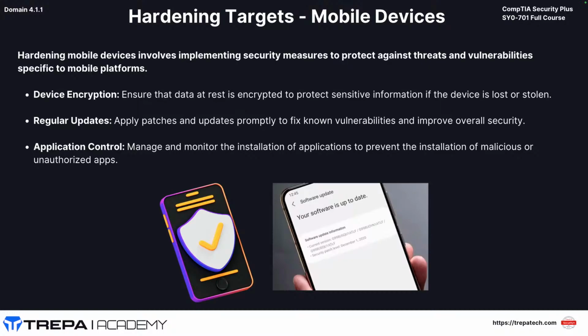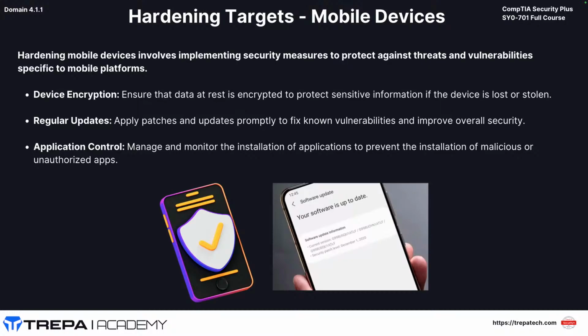So mobile devices, we want to harden them in a couple different ways. One, always have full disk encryption. Make your phones part of a patching system as well. They'll need patches and updates. We could have application control. So we can containerize things on our phone, and we can actually set a segmented part of the phone to only run corporate applications.